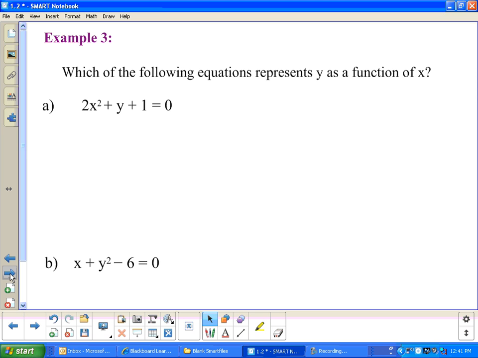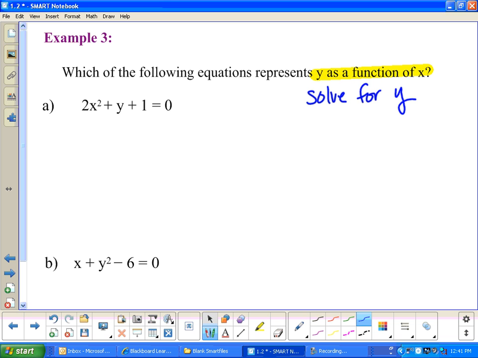Example 3, which of the following equations represents y as a function of x? What that means is that when I put in a value for x, I get out one value for y. So what I want to do is solve for y.